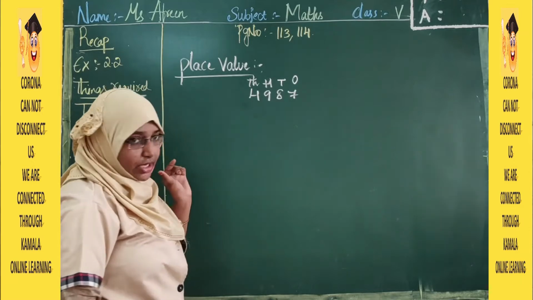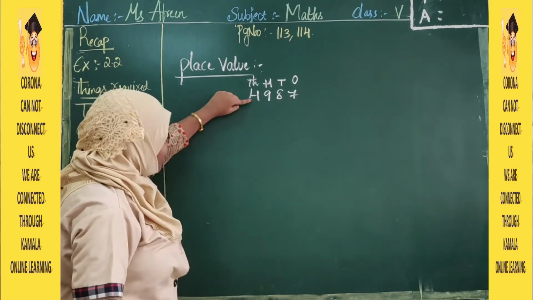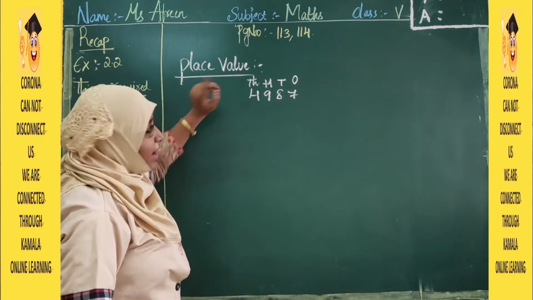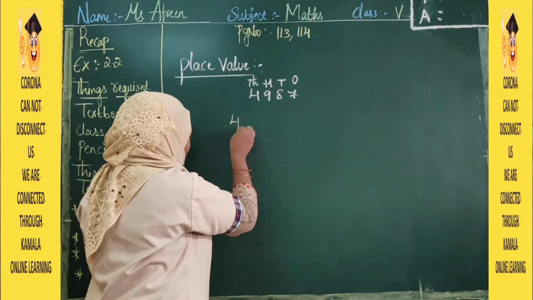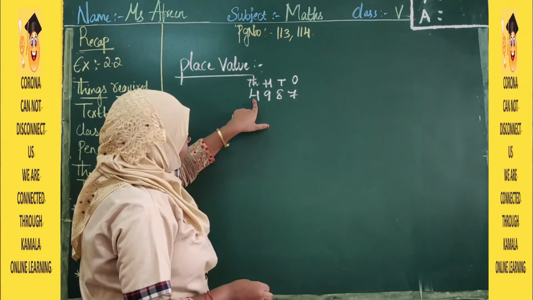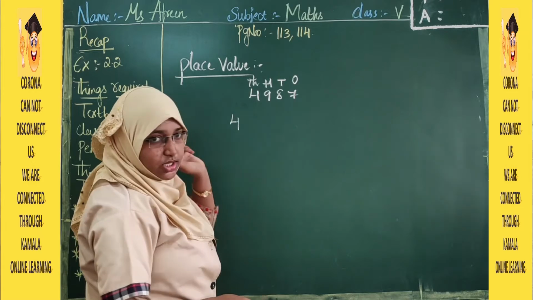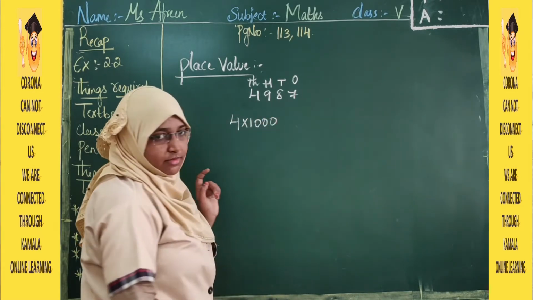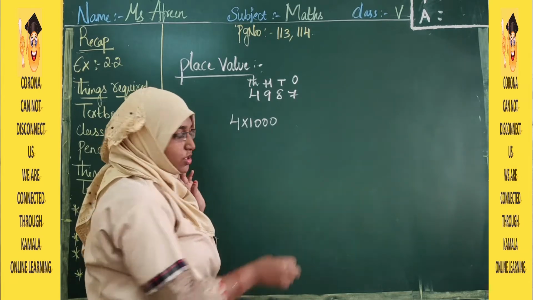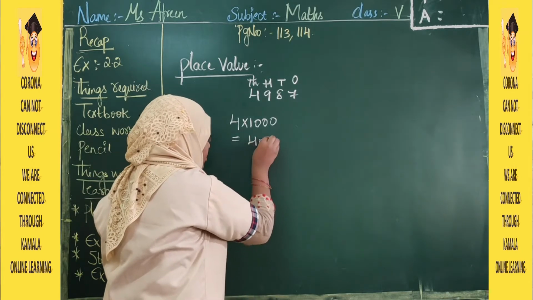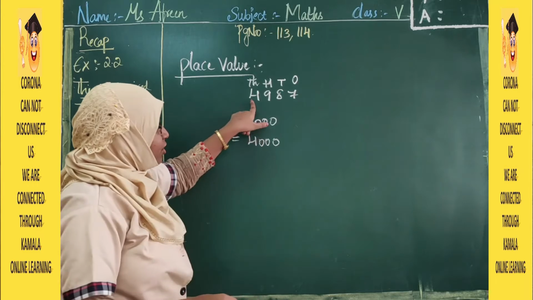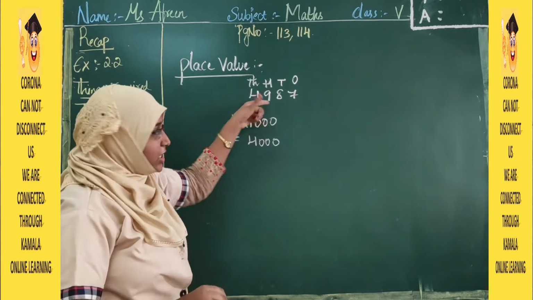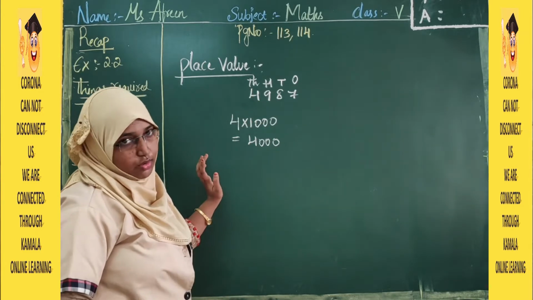Now to find place value, we multiply the digit with its value. Take 4. It is at the thousands place, so we multiply it with 1000. 4 into 1000 is 4000. So the place value of the digit 4 in this number is 4000.